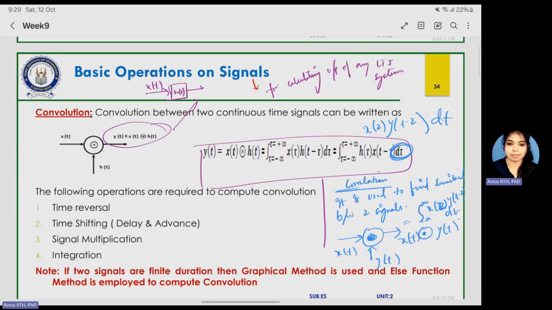If two signals are finite duration, then the graphical method is used to compute convolution. So try to remember this.